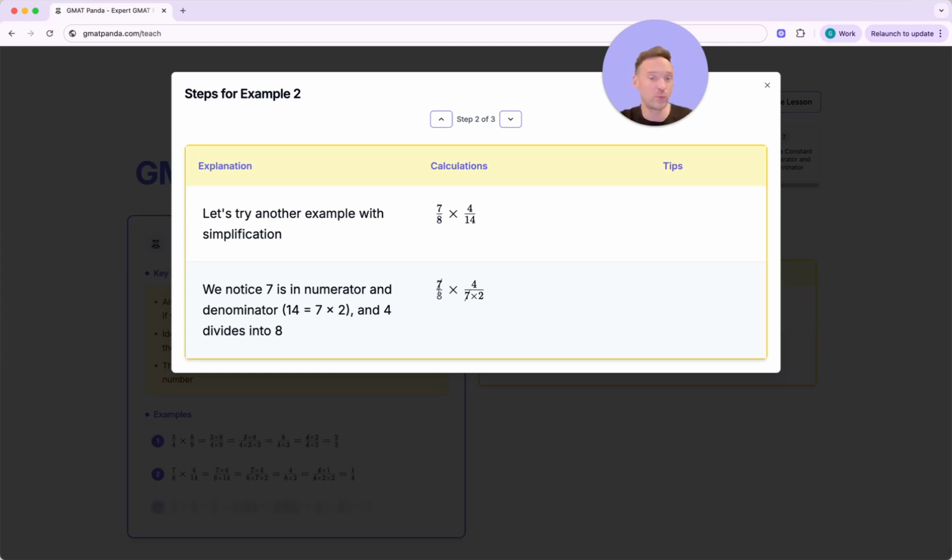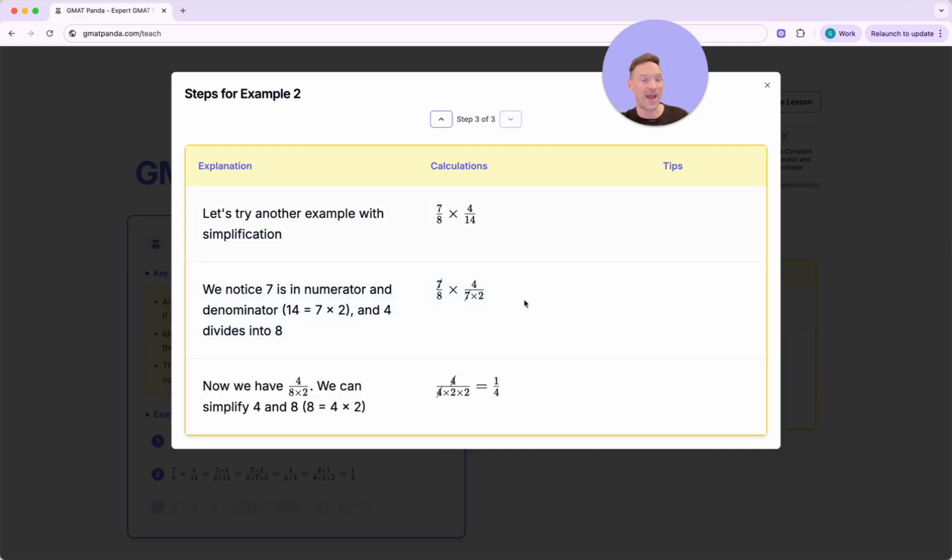Now, we've still got an 8 in the denominator, and 8 happens to be 4 times 2. So again, we've got a 4 at the top. We can simplify that a little bit more and cross out these 4s. Now at the top we've crossed everything out. So does that mean we've got 0 left? No. Well, we could write that 4 as 4 times 1. So when we cross out the 4, we're still left with the 1.